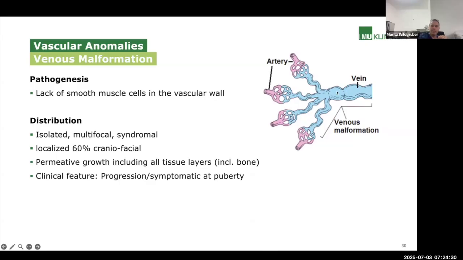Essentially, the vascular wall lacks smooth muscle cells. And if the smooth muscle cells in the vascular wall are gone, then the vessels tend to dilate and form cavernous structures that give rise to local thrombosis. This causes pain and discomfort in the patient, and then you have to treat it.